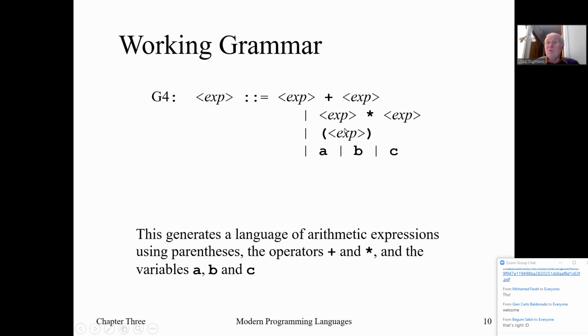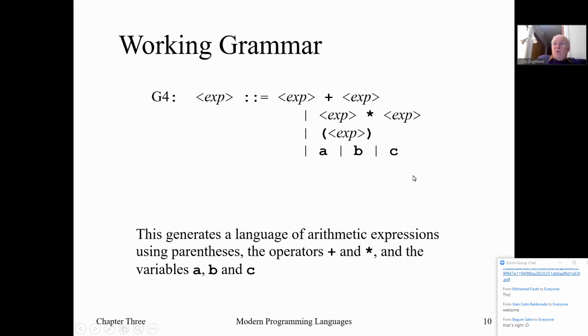And then each expression can be substituted by A or B or C. So you can have A times B plus C times A, etc., etc. So this looks like a language of arithmetic expressions that are using parentheses and plus operator and times operator and three variables A, B, and C.